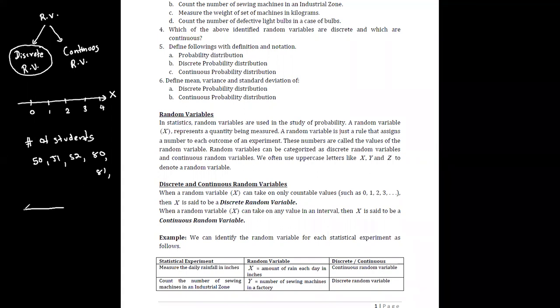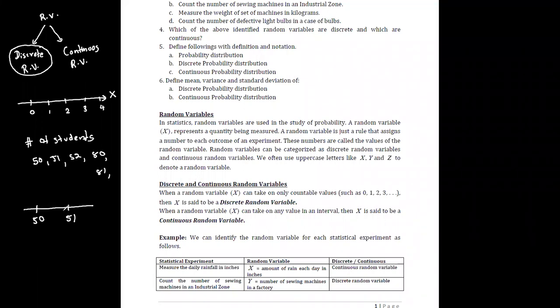Now, if you consider two consecutive values, think about there being 51 students. There will be a student numbered 50 and the next student is number 51. If we are assigning it as a discrete random variable, in between 50 and 51 there should not be any student.